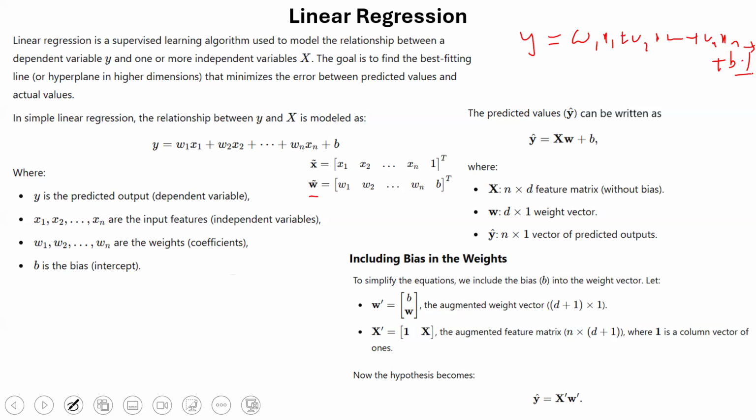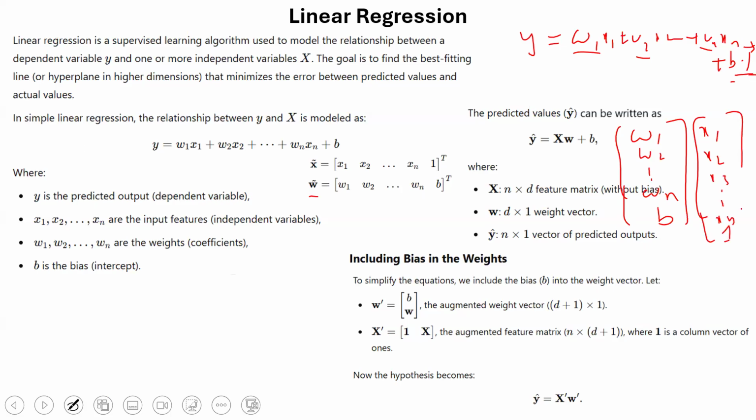The weight vector now will be w1, w2, so on, wn, and after wn, I am also incorporating b. This is multiplied with x1, x2, x3, so on, xn, and the last value is 1. If I multiply these two, it becomes w1 x1, w2 x2, so on wn xn plus b into 1. So that intercept will be this b.